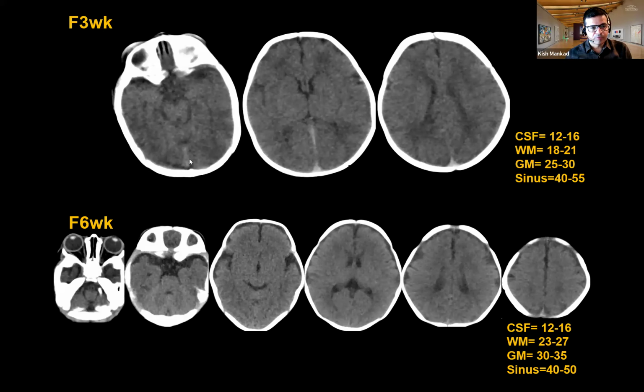So at 3 weeks, you see hyperdensity within the venous sinuses, that is the straight sinus and the torcular there. And the hyperdensity is expected from physiological polycythemia, which these kids have at that age, and also the fact that they have hemoglobin F at that age, will give you a relatively high density.